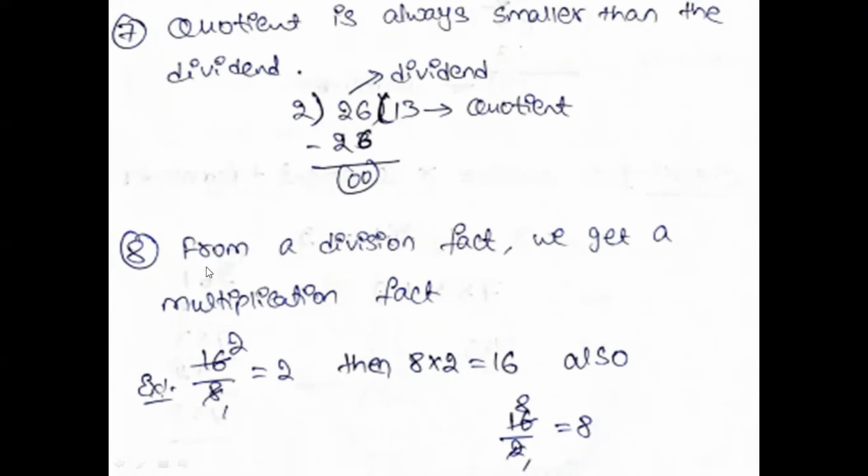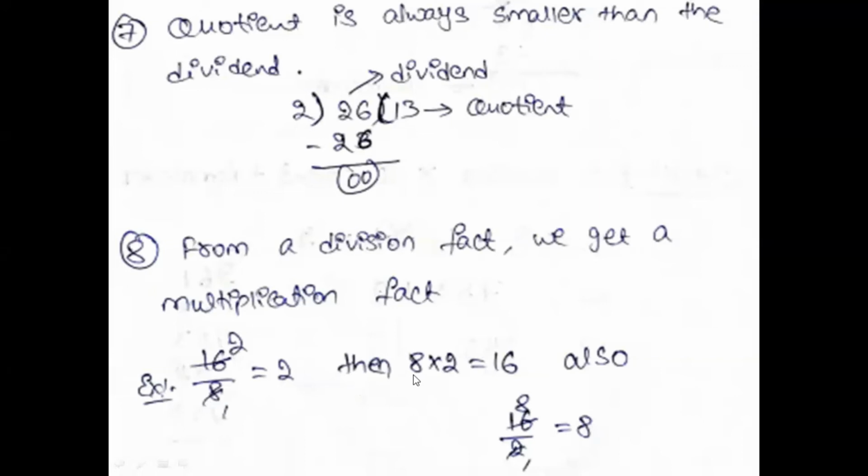Eighth one. From a division fact, we get a multiplication fact. See here. For example, 16 divided by 8. 8 ones are 8, 8 twos are 16. Quotient is 2.